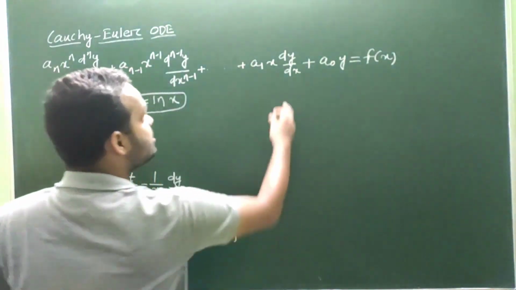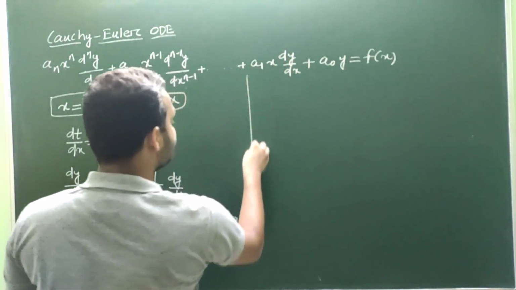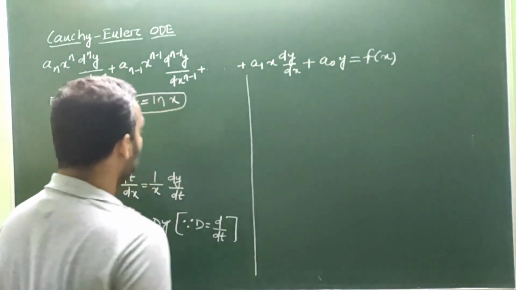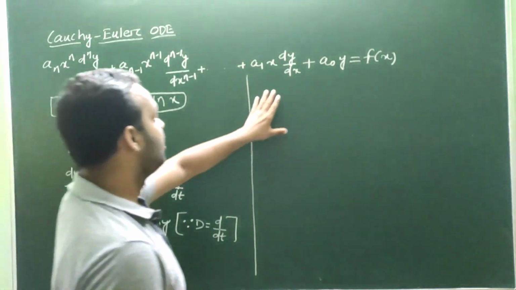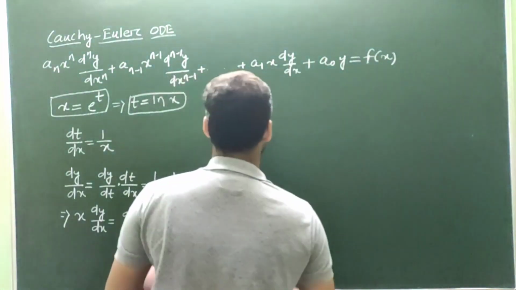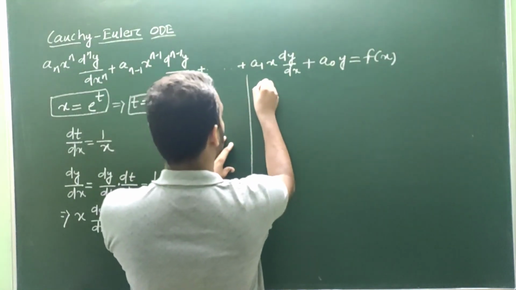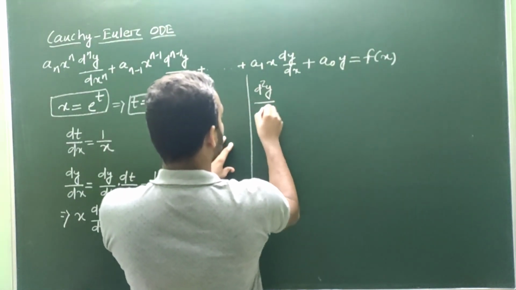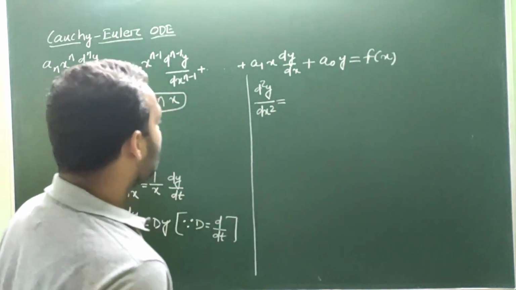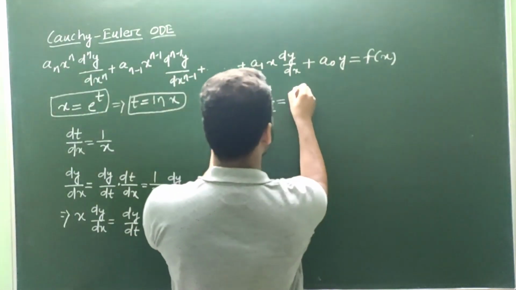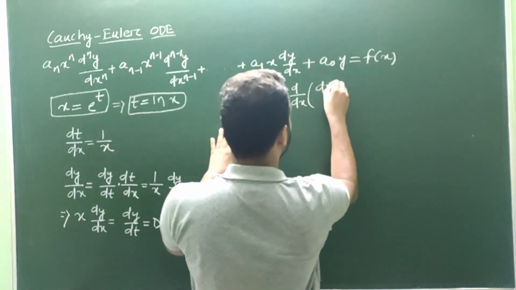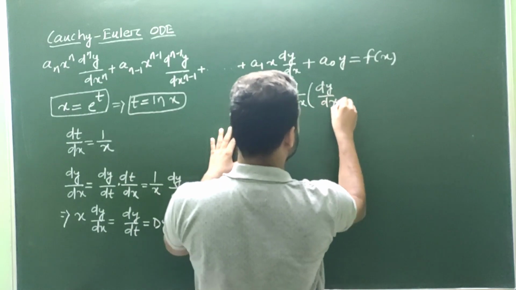Now this gets reduced. Let's take this d square by dx square. We are taking dy by dx and then d square y by dx square. Then similarly all the terms will be reduced. So now let's take d square y by dx square. Here what we can do, this will be d by dx into dy by dx.